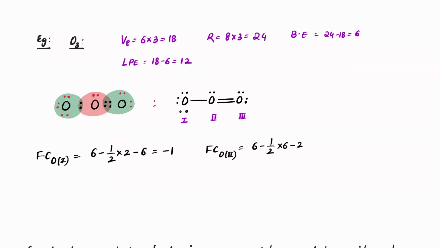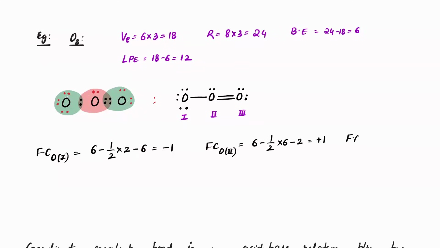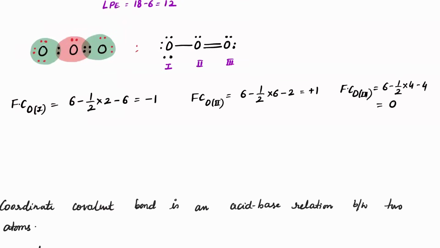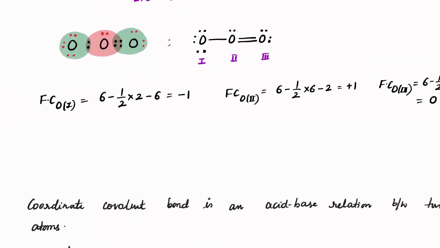So that makes it plus 1. And lastly, formal charge of oxygen of the third kind: 6 electrons minus half into bonded electrons, which are 4, minus 4 electrons. So that makes it 0. So formal charge in the first case is minus 1, second oxygen is plus 1, third oxygen is 0.